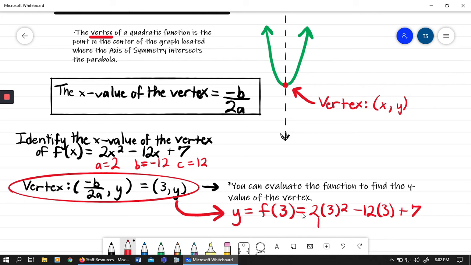Negative 12 times 3 gives us negative 36, and of course, that's still plus 7. And 18 minus 36 gives us negative 18, and negative 18 plus 7 is negative 11.